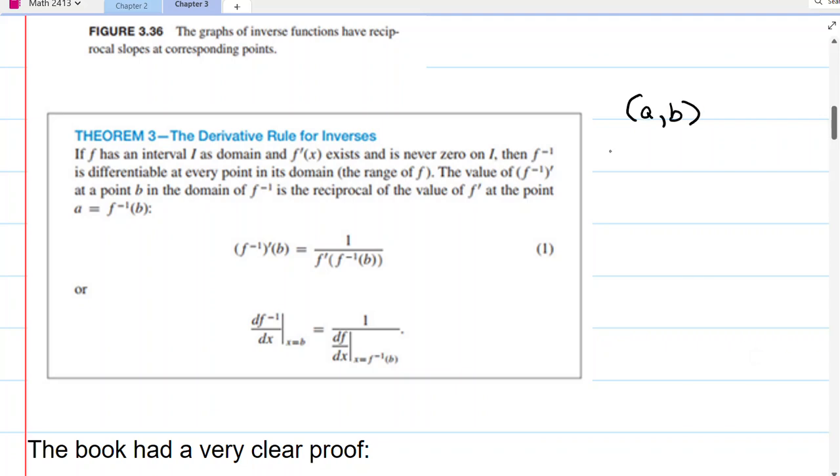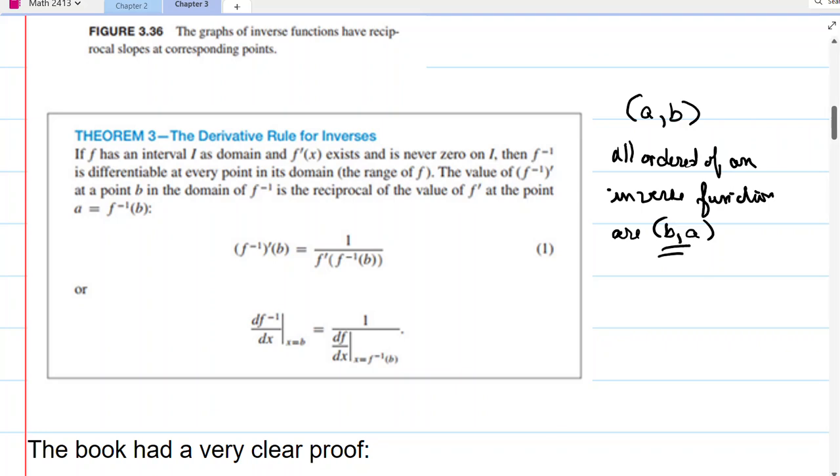And because all ordered pairs of an inverse function to be a function are (b, a), in other words, we flip what they are for the inverse function.